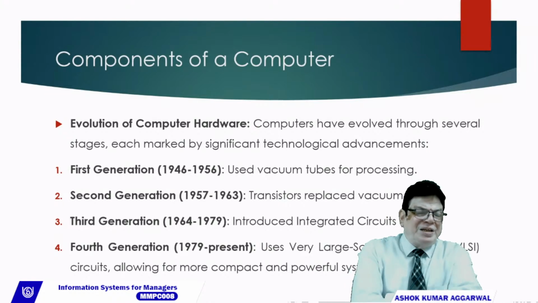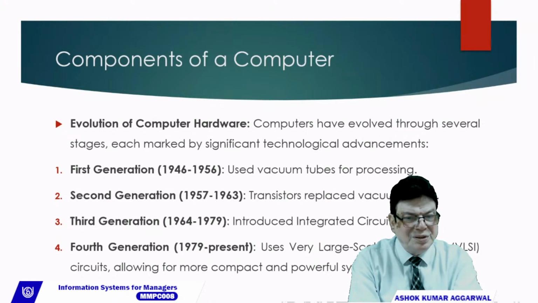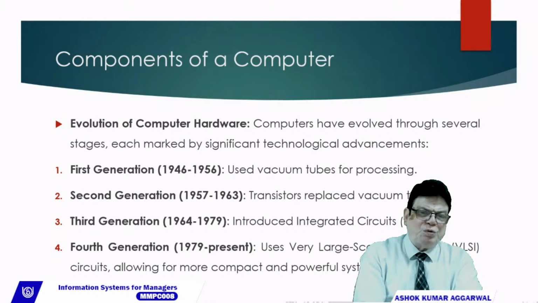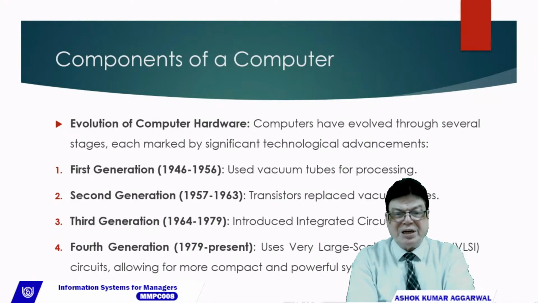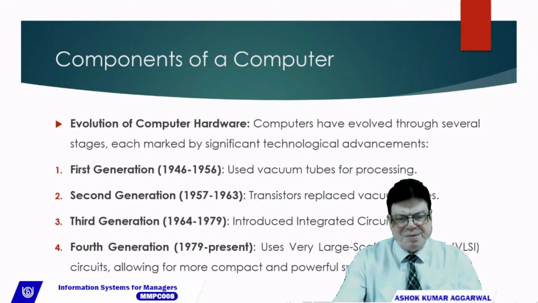Second generation, 57 to 63, transistors replaced vacuum tubes. Third generation, 64 to 79, introduced integrated circuits. Fourth generation, 79 till today, uses very large-scale integrated circuits, allowing for more compact and powerful systems.